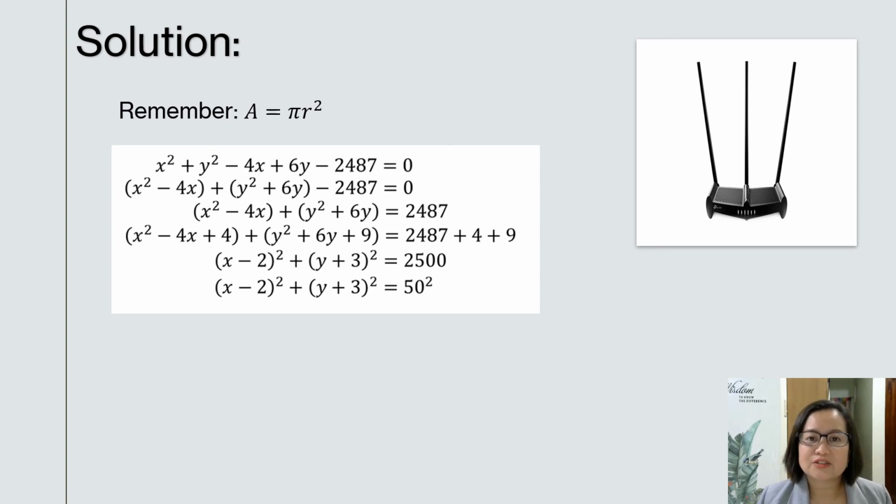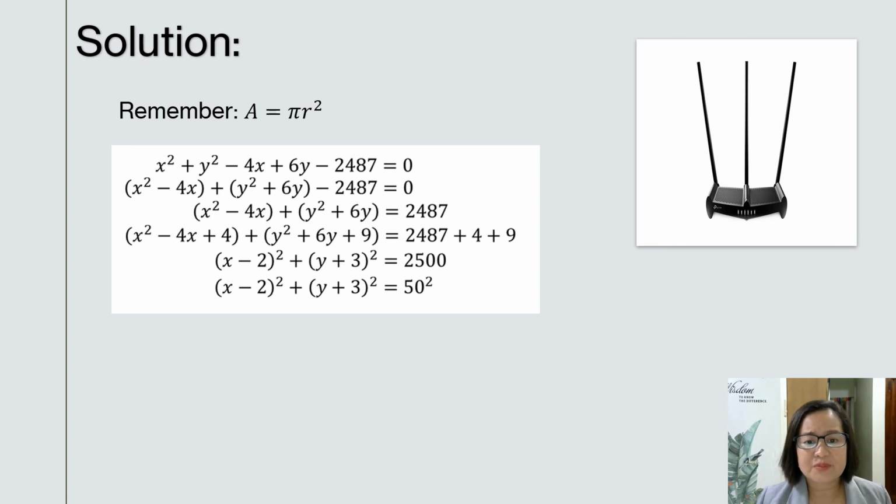Remember that to maintain equality, whatever we add to the left side should also be added to the right side. So we added 4 and 9 to the left. We should also add 4 and 9 to the right, making that 2,487 plus 4 plus 9.